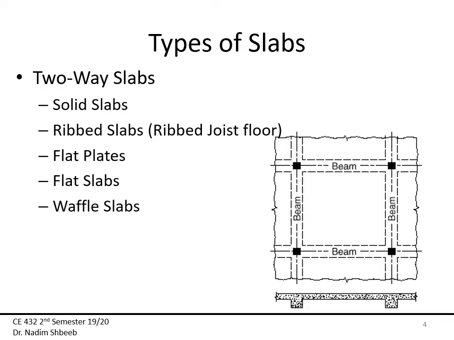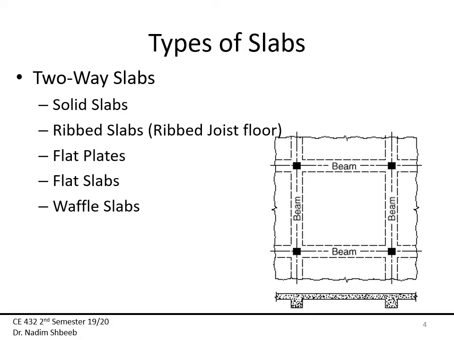One-way ribbed slab actually can be a little bit longer. You can have them up to 9 meters, but in Jordan, our standard practice, they usually don't go more than 7. Live load can be up from 5 kilograms to about 8.5, meaning it can go up to 8.5 kilogram per centimeter square.